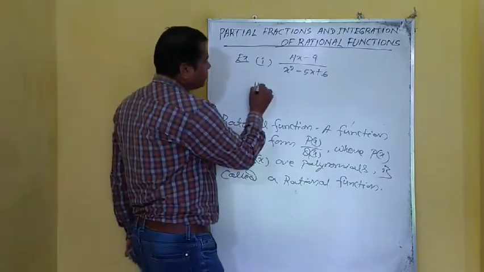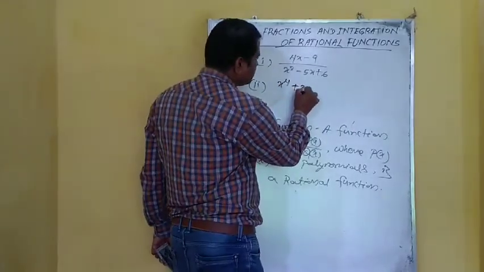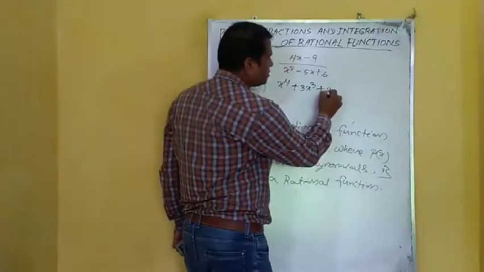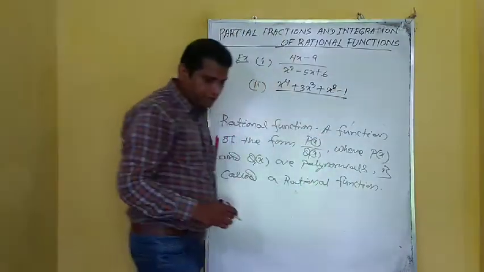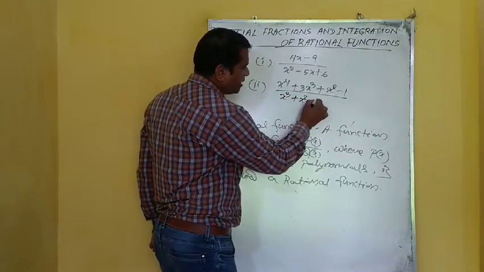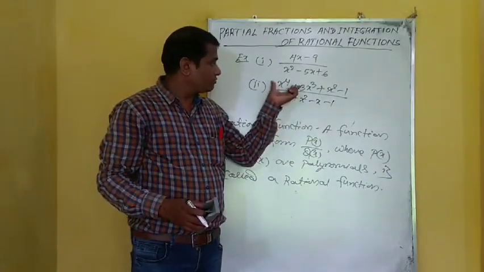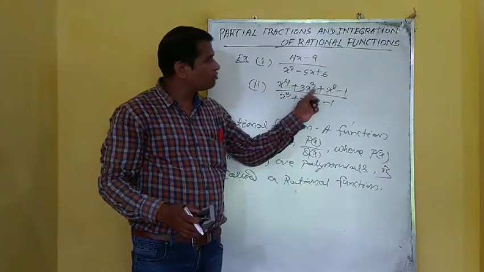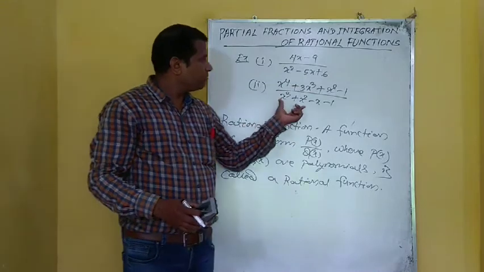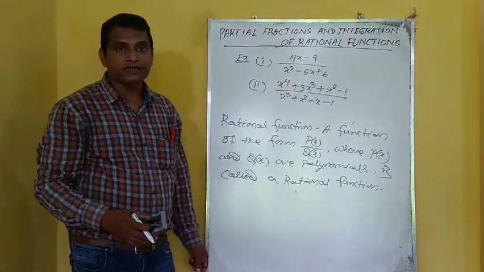Next, another example, x to the power 4 plus 3x cube plus x square minus 1 divided by x cube plus x square minus x minus 1 is another rational function, because the numerator x to the power 4 plus 3x cube plus x square minus 1 is a polynomial of degree 4, and the denominator x cube plus x square minus x minus 1 is a polynomial of degree 3.